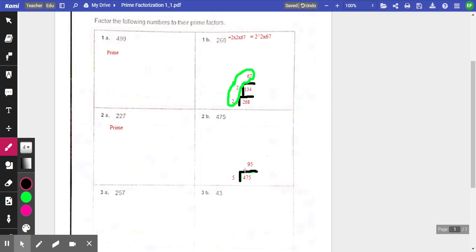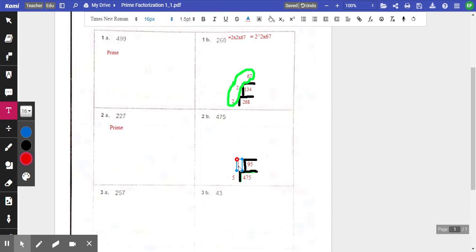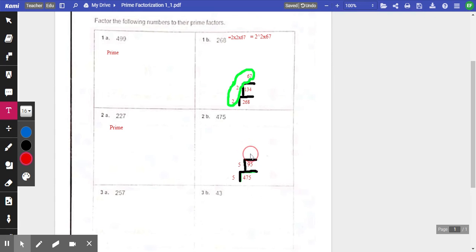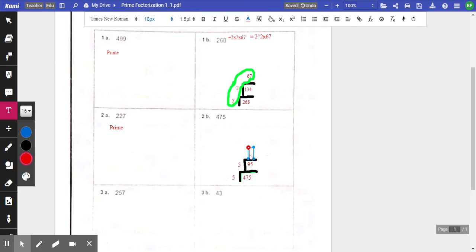And we put that 95 at the top, just like we do the answer to a division problem. And we check our prime number chart. 95 is not prime. And we're still going to divide by 5. 95 divided by 5 is 19. We're going to check our prime number chart. 19 is prime.